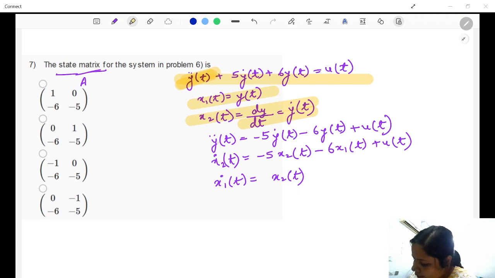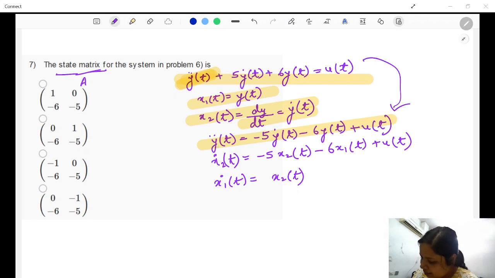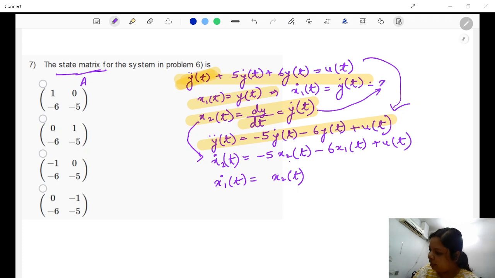So when I arrange this equation, y double dot t is the derivative of this: minus 5 x2 t, where x2 was written as dy by dt here, minus 6 x1 t, plus u t. And since x1 t is y t, x1 dot t is equal to y dot t, and y dot t from here is x2 t only. So basically we get two sets of equations.